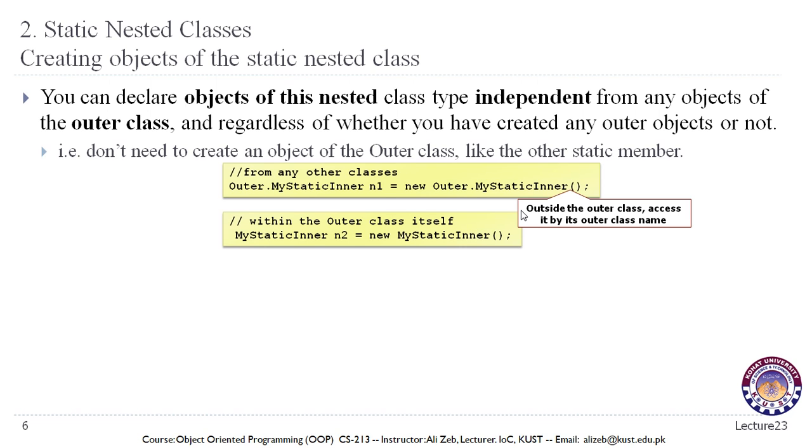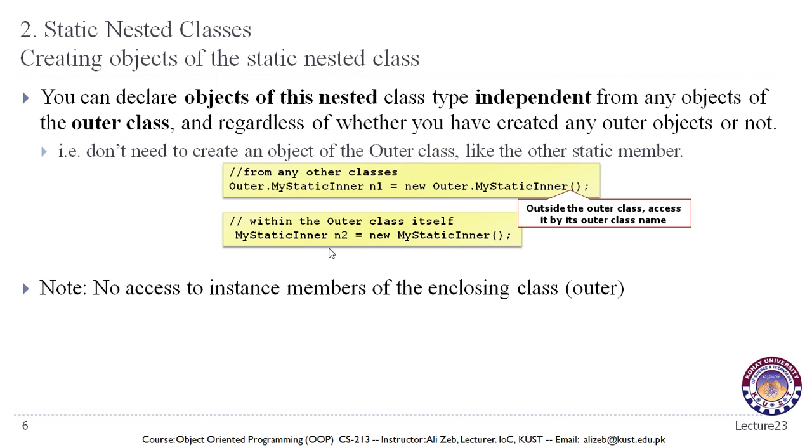Within the outer class itself, if we are creating an object of the static nested class, then we can directly create the object using the normal syntax.